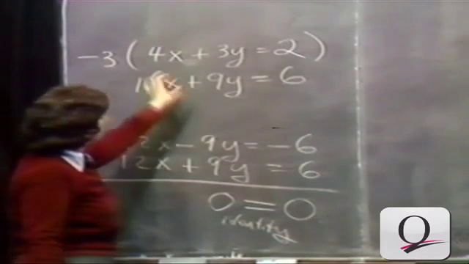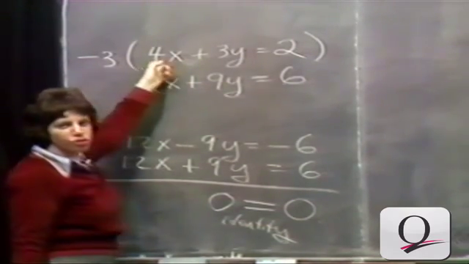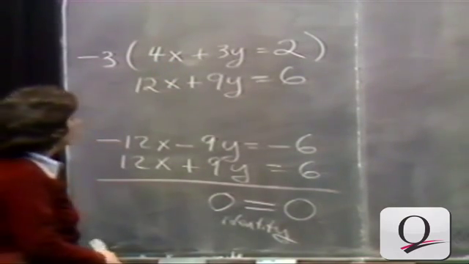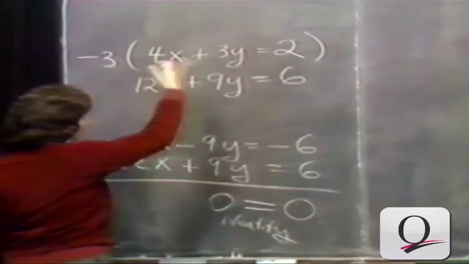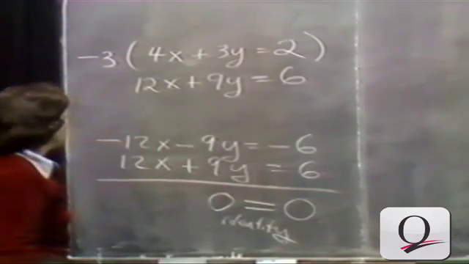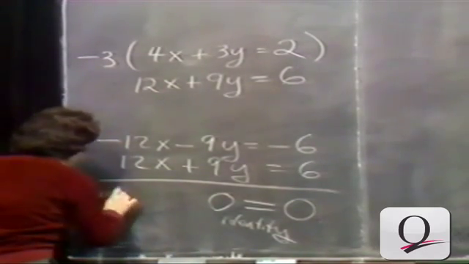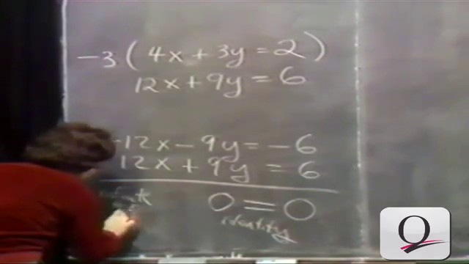Every solution to the second equation is also a solution to the first, and every solution to the first equation is also a solution to the second. They're really the same line graphically. Any point which satisfies either of the equations is a solution to the system. 0 equals 0 means an infinite number of solutions to this problem.